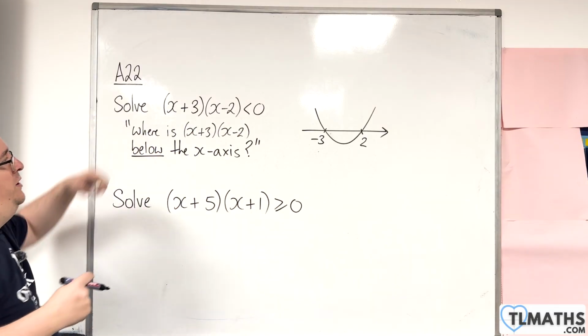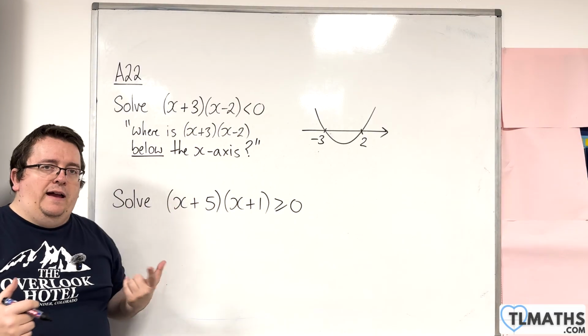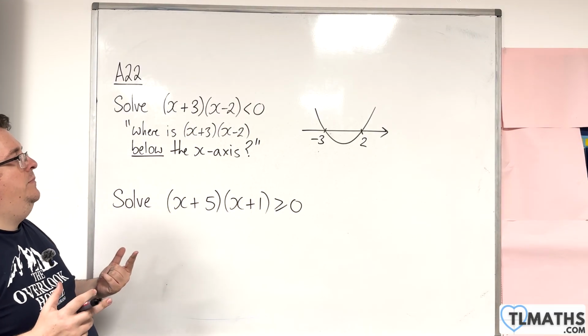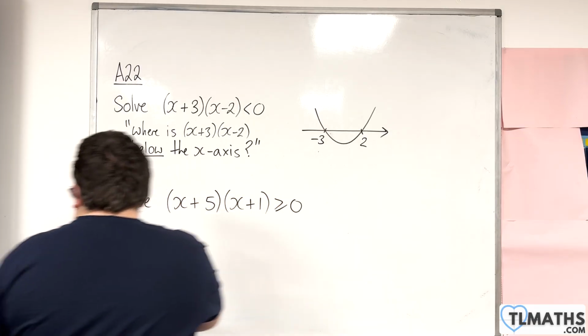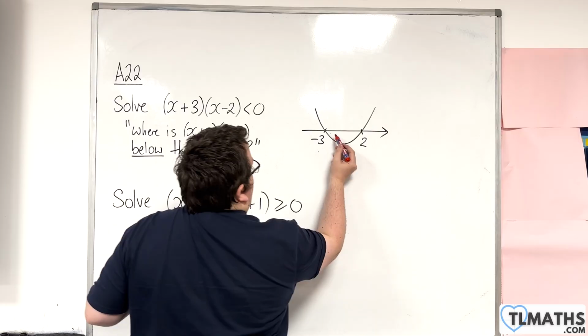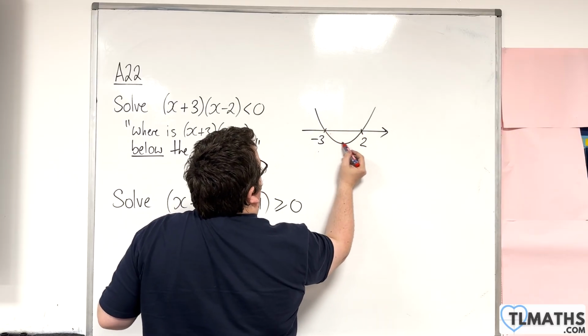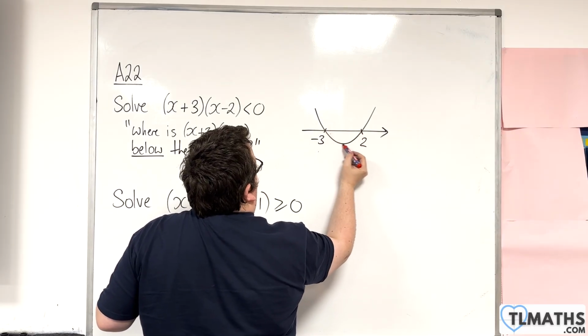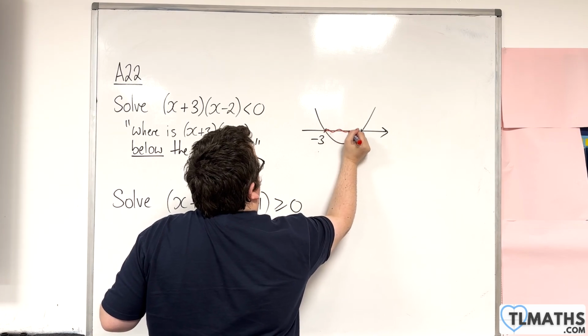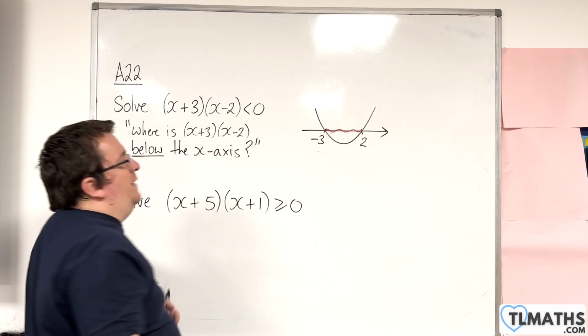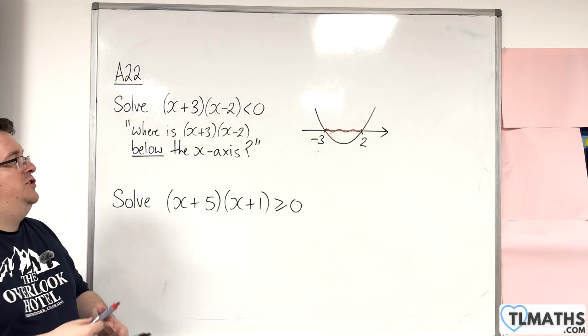This is what I want you to be thinking about when you're solving that inequality. So where is that graph below the x-axis? Well, it's below it here. You can see that that is the portion where the graph is below the x-axis. So it's below the x-axis between those two values, between -3 and 2.